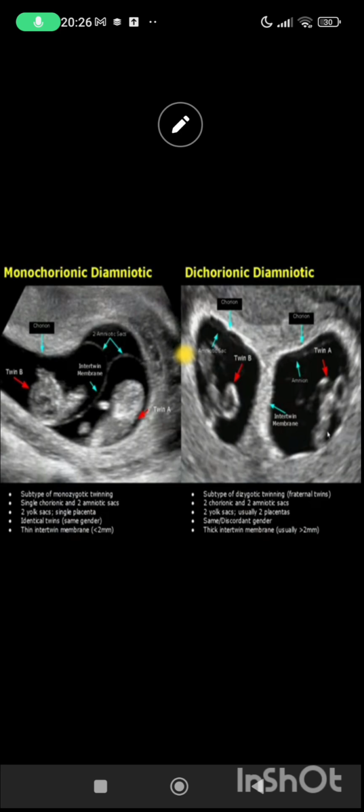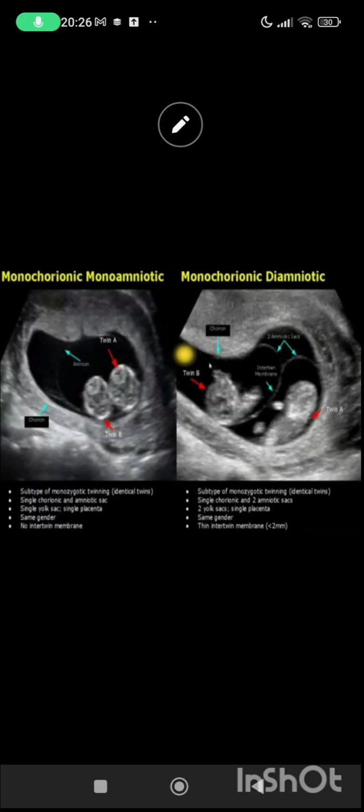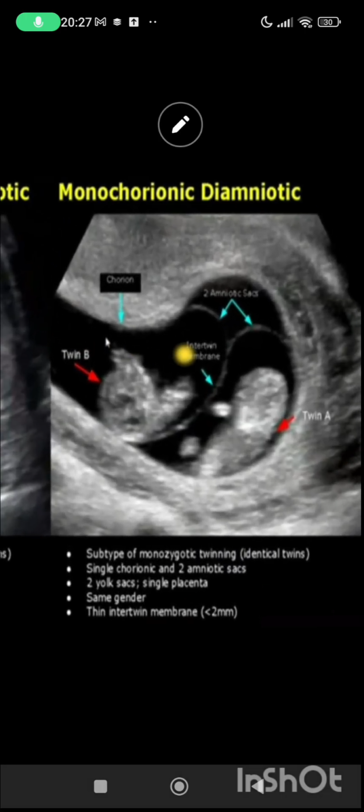Which one of them is more safe? Dichorionic diamniotic, because there are two placentas. Okay, one more question. In early pregnancy, around 5.5 weeks, there is no amnion, there is no fetus yet.